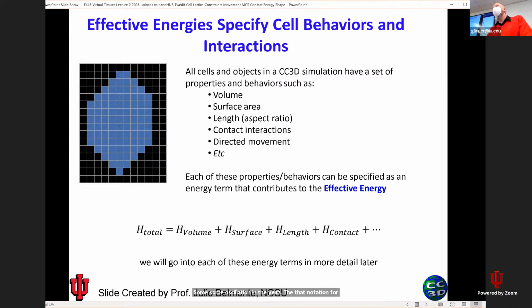Sometimes you'll see a curly H, sometimes you'll see a curly E. Different people use different letters for that. But the nice thing about this is that you can specify each behavior separately and add them up. So I want my cell to have a volume. Okay, I give it a volume. I want my cell to have a volume and a surface. I do both. And so I can understand those independently of each other and then in combination.